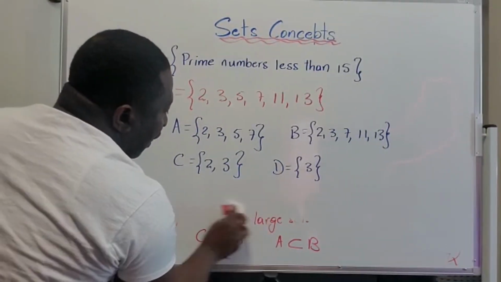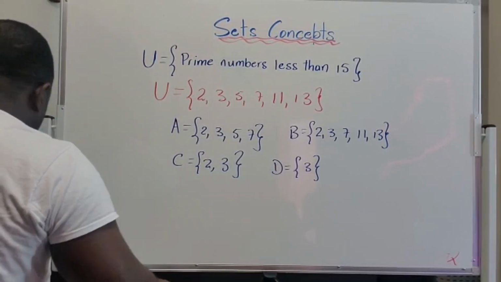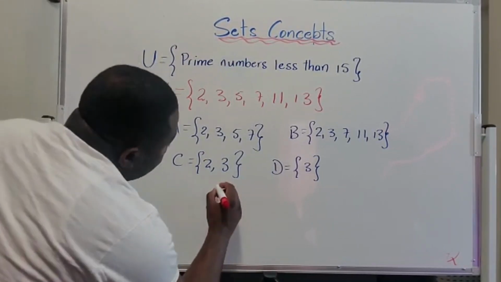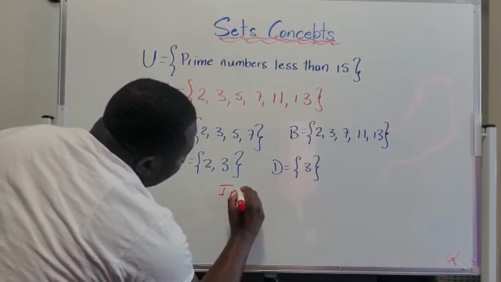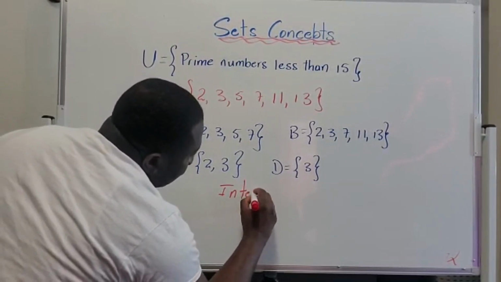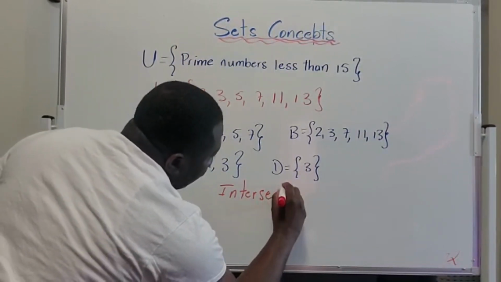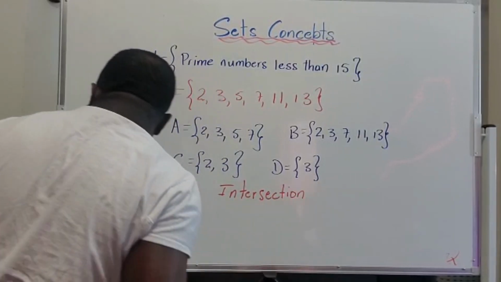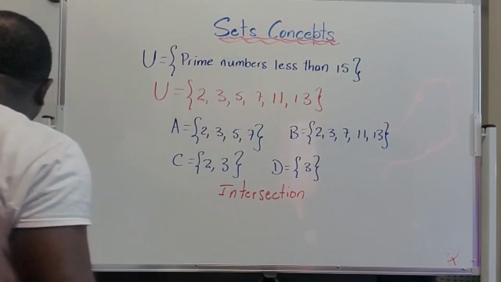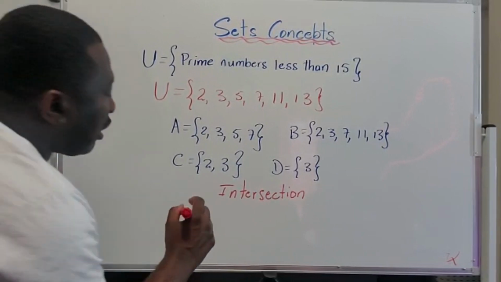what we refer to as the intersection. So intersection, we are simply looking at elements that are common to more than one set.